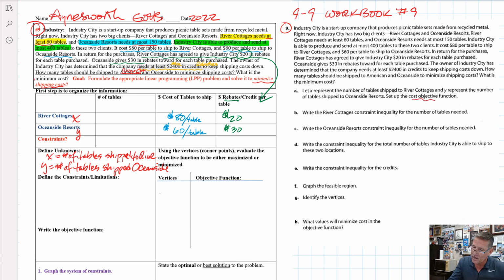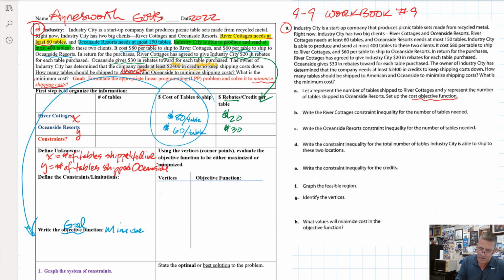And then it says set up a cost objective function. So what we need to do is take the cost and write a function. That means we've got to take these costs here and write the objective. Now, objective means goal, and our goal is to minimize the cost. So we need a cost function.